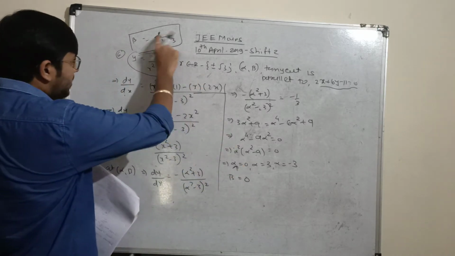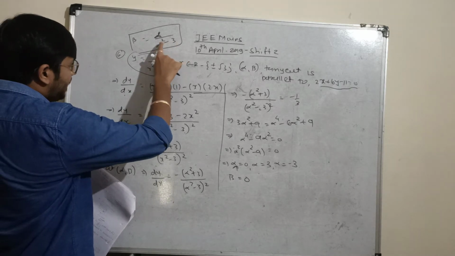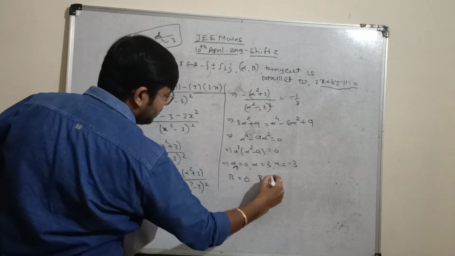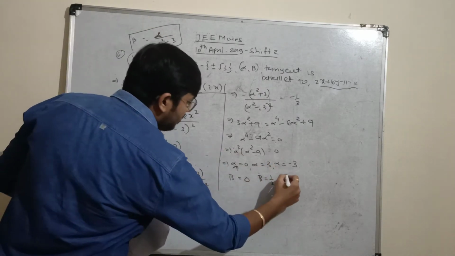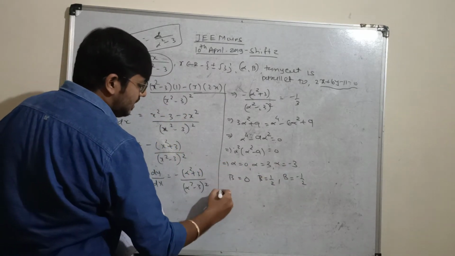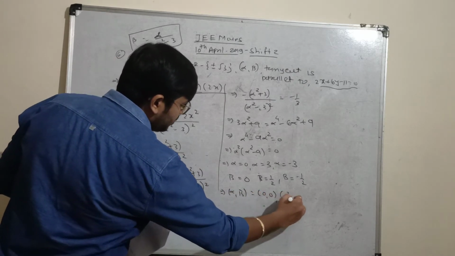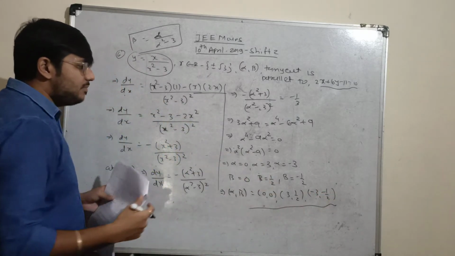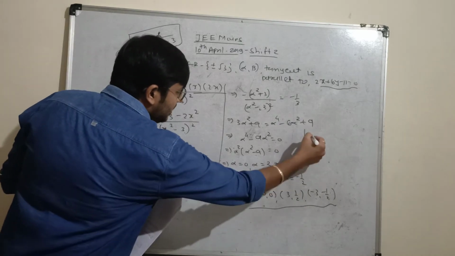For alpha equals 3, if you put 3, so 3 upon 9 minus 3, that is 6, 3 by 6, that is beta has 1 by 2 as the answer, and for minus 3 it will be minus 1 by 2. So here we have 3 pairs of alpha beta: 0 0, 3 1 by 2 and minus 3 minus 1 by 2. So among these 3 pairs, one of the pairs is going to satisfy the answer from the options.